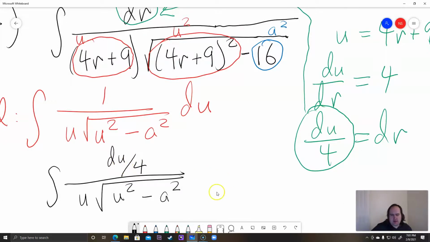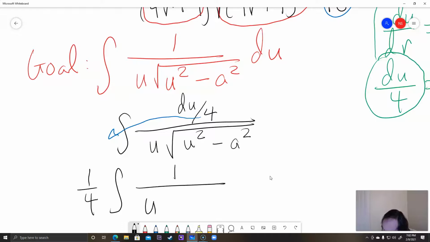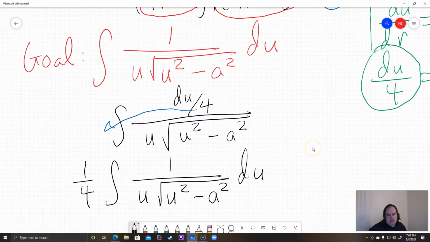And we can move the du over here, so it looks exactly the same. So if I bring the 1/4 out front, we're going to get 1/4 times the integral of 1 over u times the square root of u squared minus a squared du.